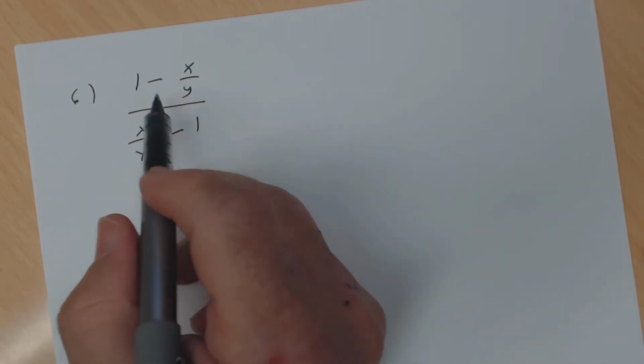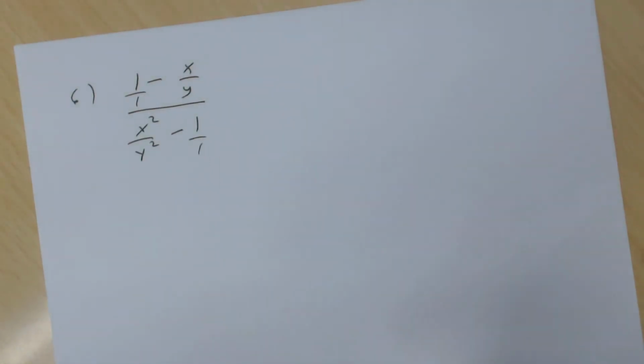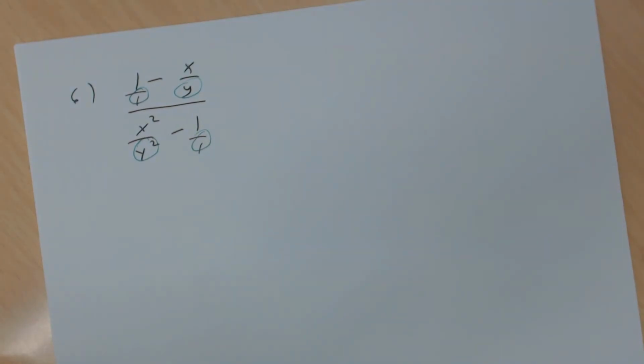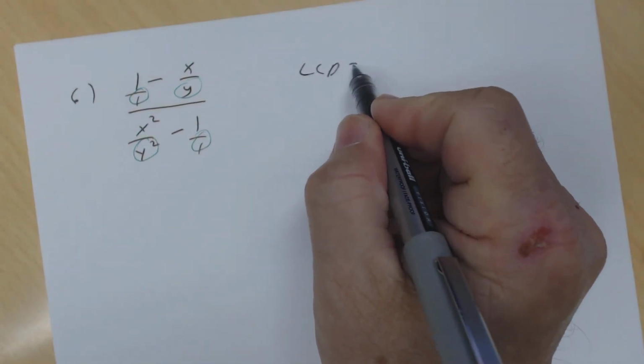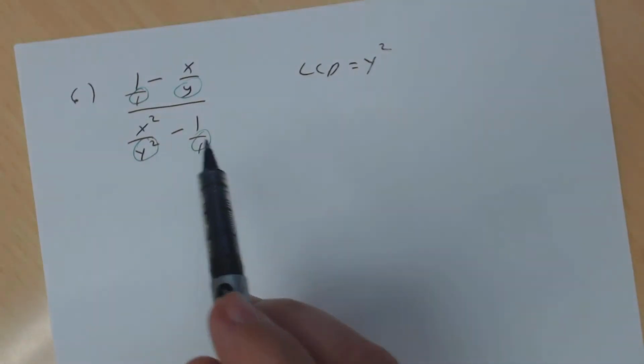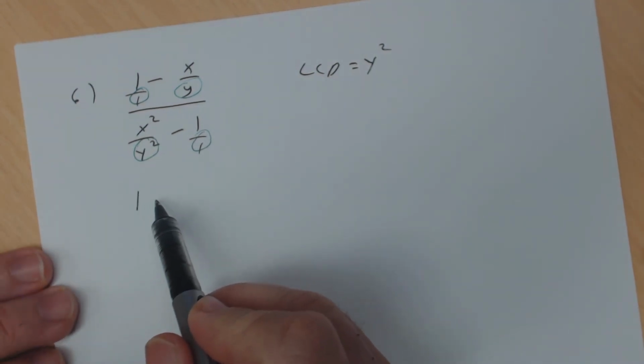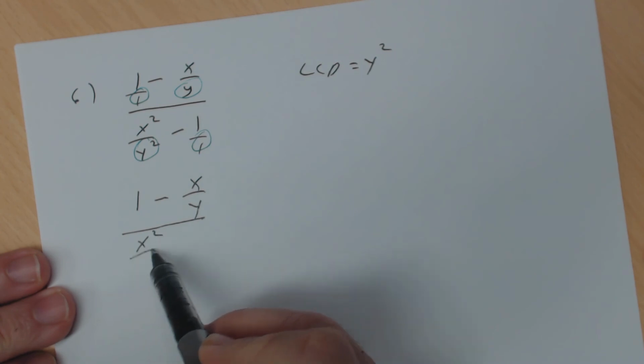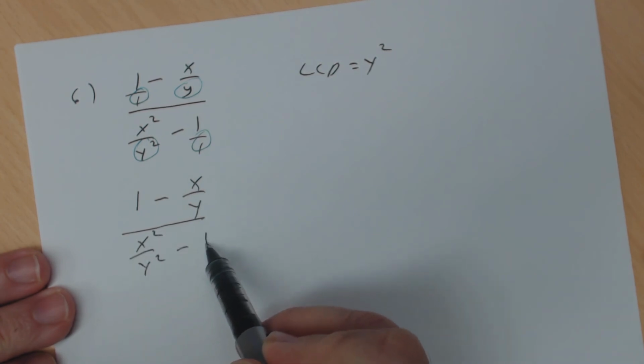Alright, so I'm going to go ahead and write this 1 over 1, 1 over 1. And I'm going to circle all the denominators. I'm going to circle those 4 denominators, and so the LCD is just y squared. Okay, so now I'm going to rewrite this as the original problem: 1 minus x over y divided by x squared over y squared minus 1.